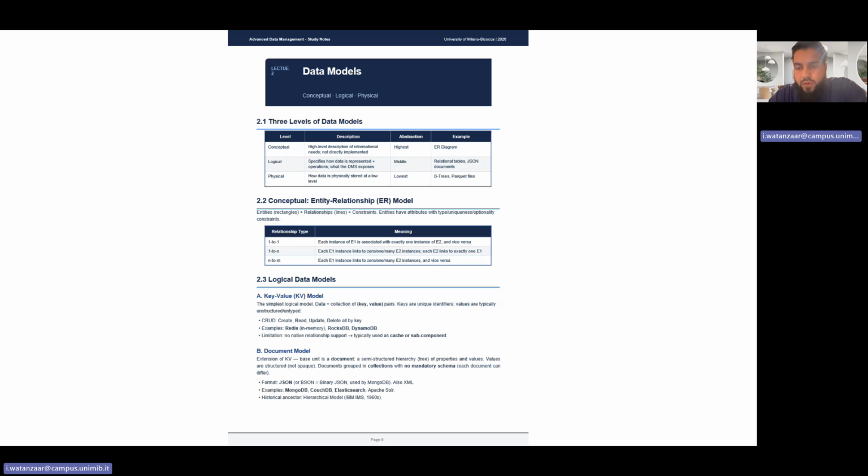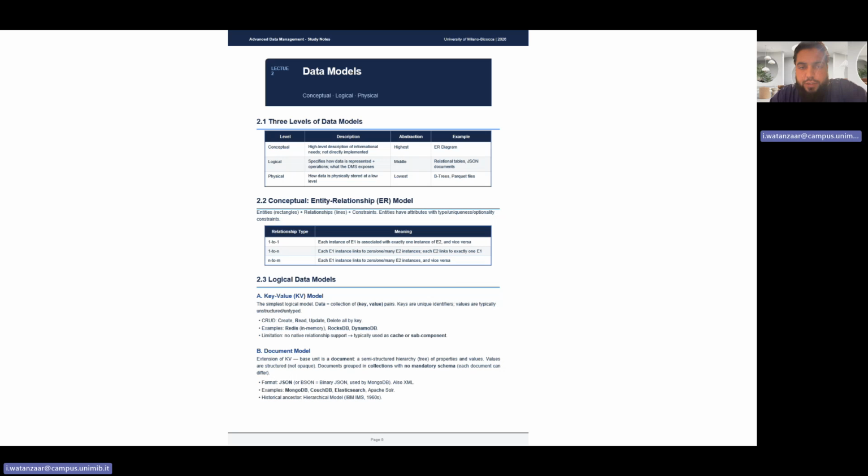When we perform these operations on a key value pair, it is done by its key, because the keys are unique in this model and values can be replicated. Examples where it is implemented are Redis, which is in memory, RocksDB, and DynamoDB.